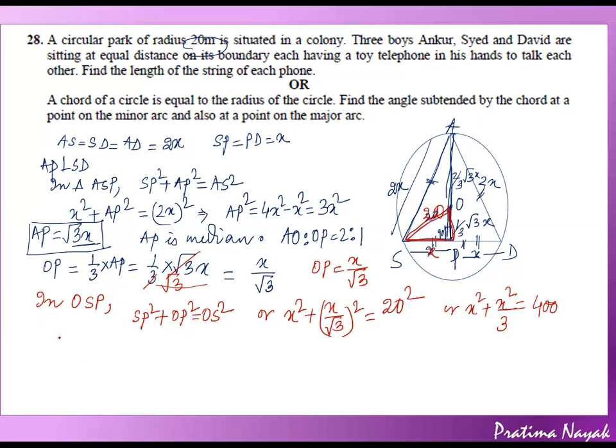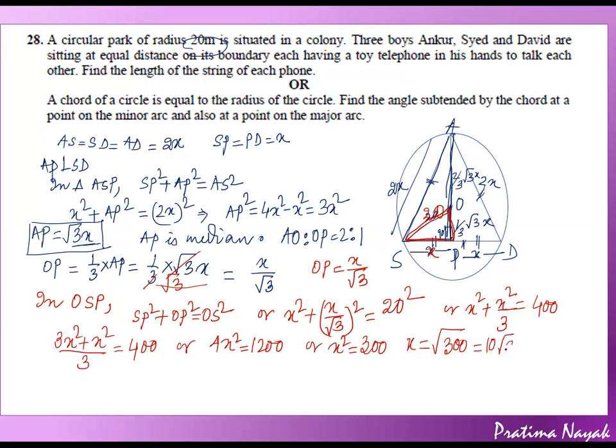Now simplify again. So 3x square plus x square by 3 is equal to 400, or 4x square is equal to 1200, 3 I multiplied, or x square is equal to 300, or x is equal to square root of 300, that will be your 10 root 3. 10 square is 100, root 3, 300.